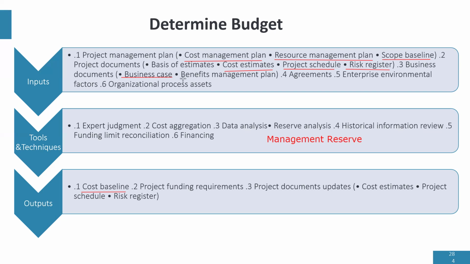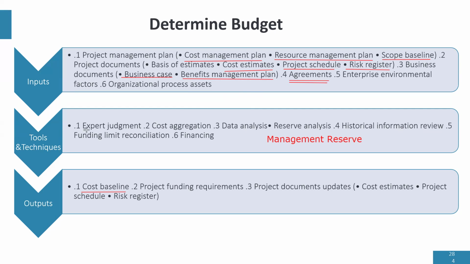And the benefit management plan shows how project benefits will be coming up in your project. Now, contract agreement. What is this doing here? If you have outsourced some part of your project, the cost of those contracts should be added into the project budget. And that's basically what we're saying.